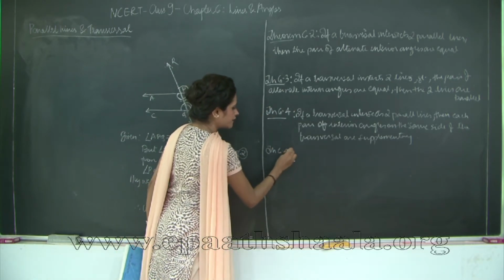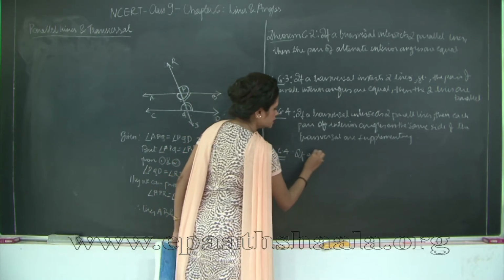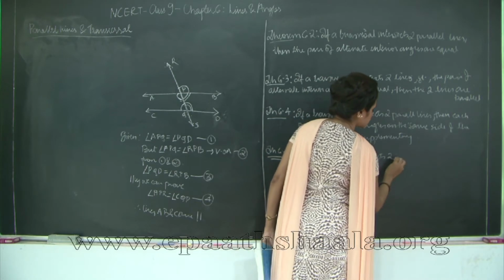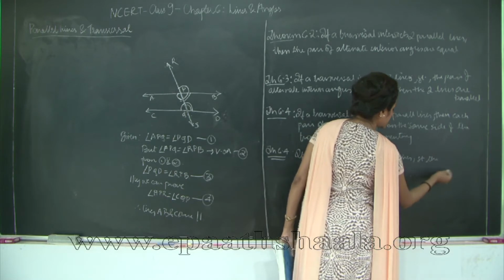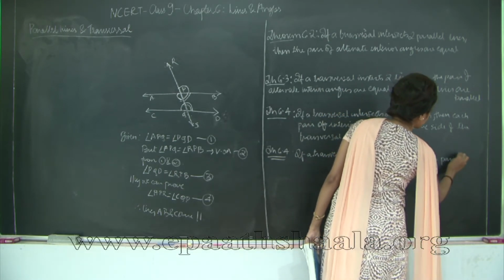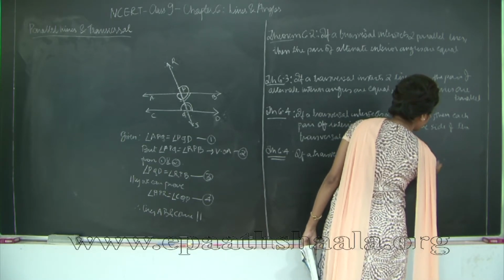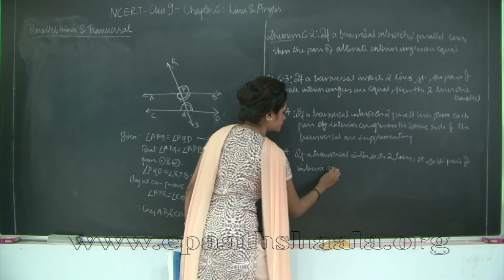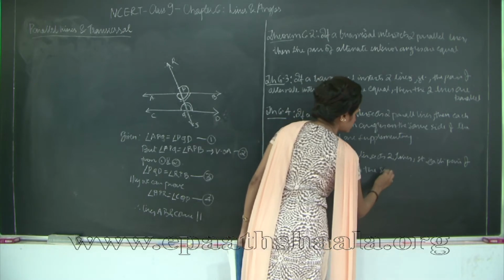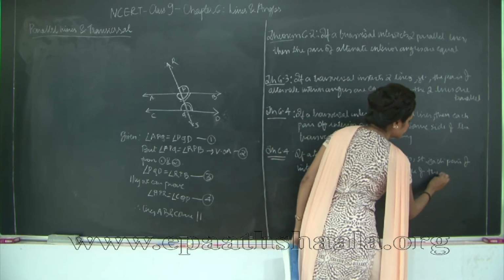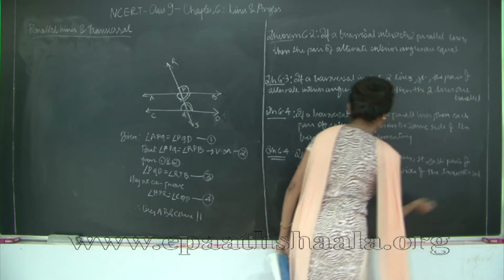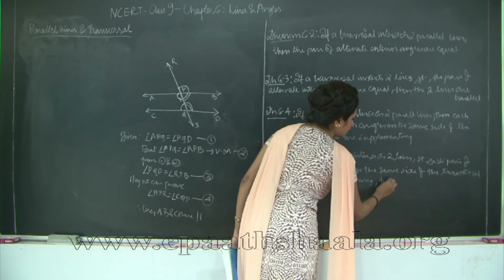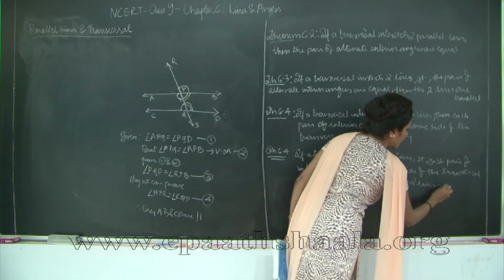This will be theorem 6.5, which will be: if a transversal intersects two lines such that each pair of interior angles on the same side of the transversal are supplementary, then the two lines are parallel.